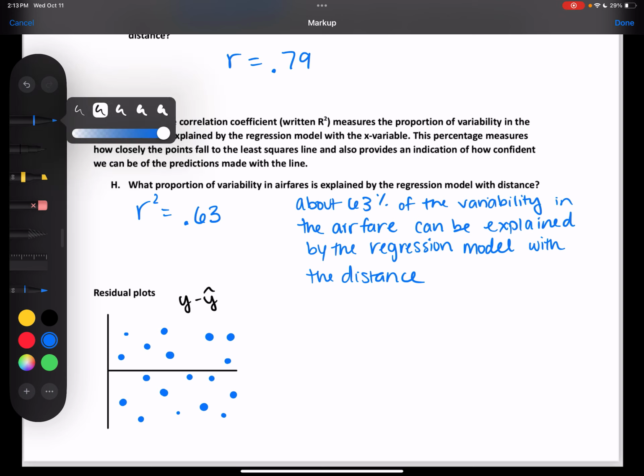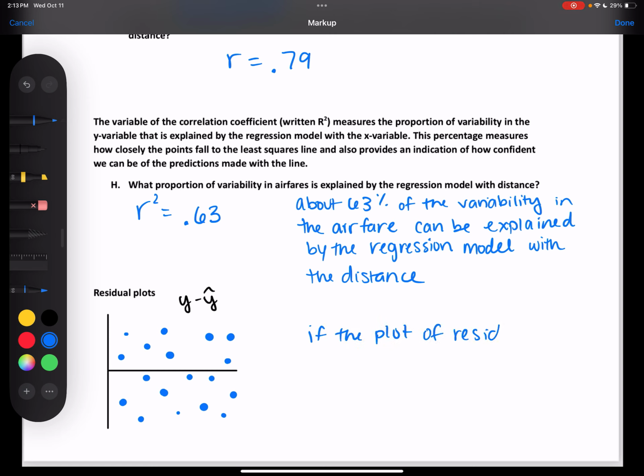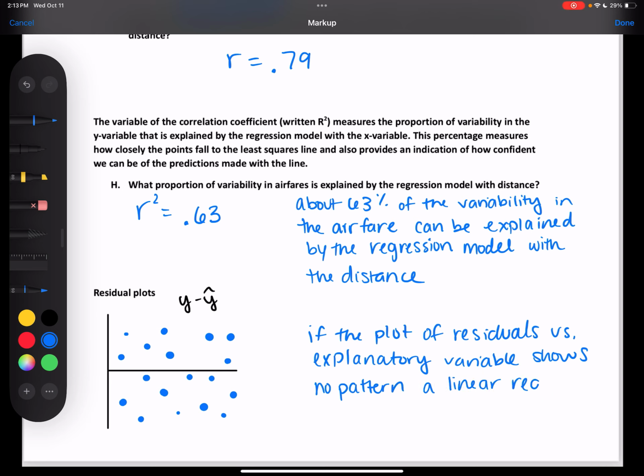So, if the plot of residuals versus the explanatory variable shows no pattern, a linear regression model is appropriate.